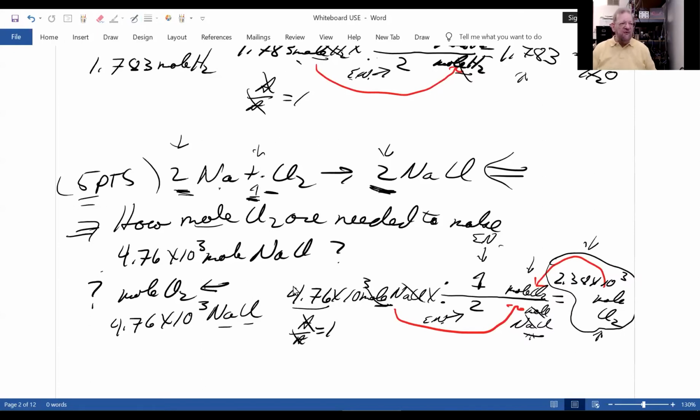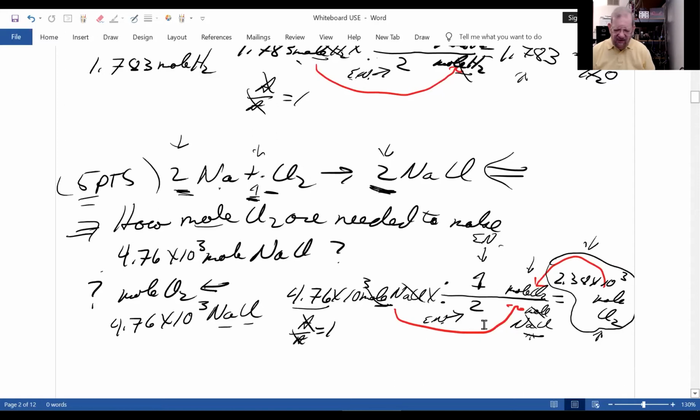Let's go through this once more real quick. We found out what we are trying to find. We look at what we are given. This is the only number we're given. We start with this. We use the unit analysis. What units do I want my answer to be? Moles of Cl2, because we figured it right here. Whatever I'm trying to get to, the units go on top of a ratio.